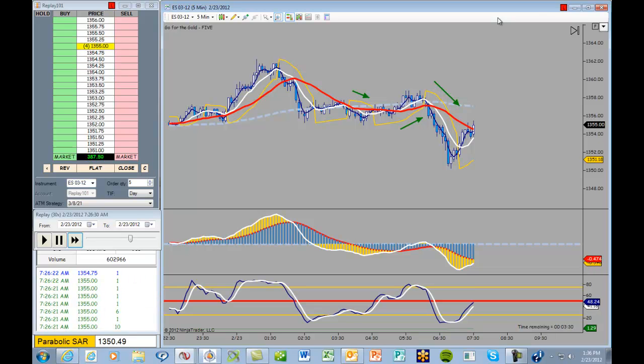Our net so far is 387.50. Do that every day and you'll be making about 100 grand a year.